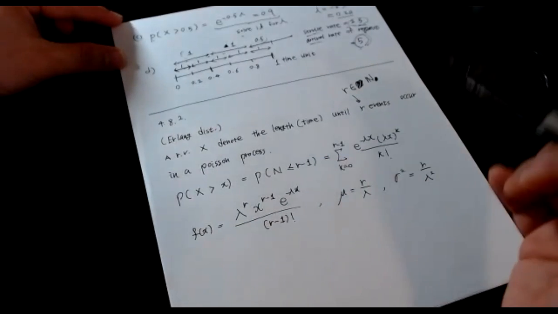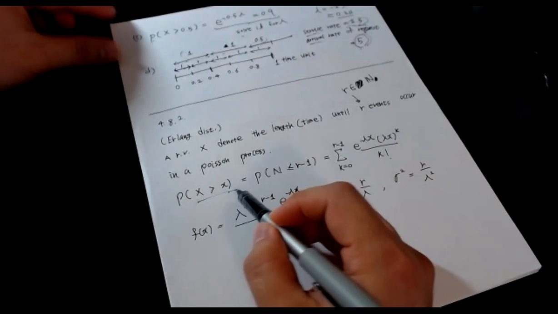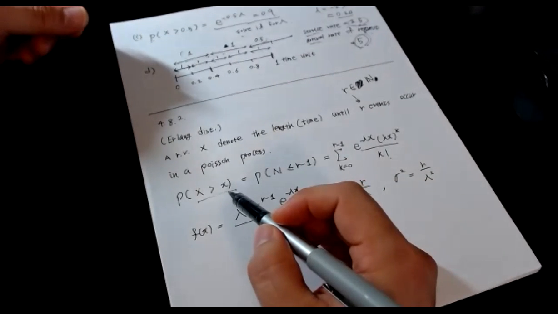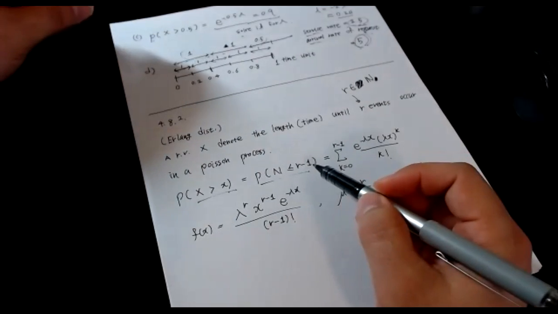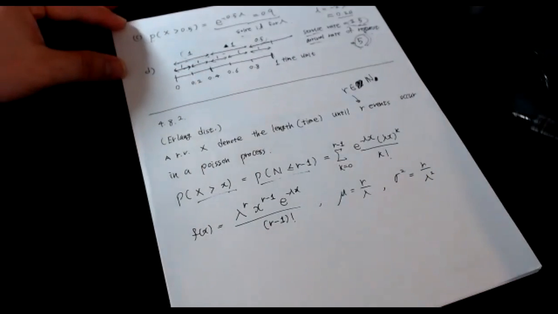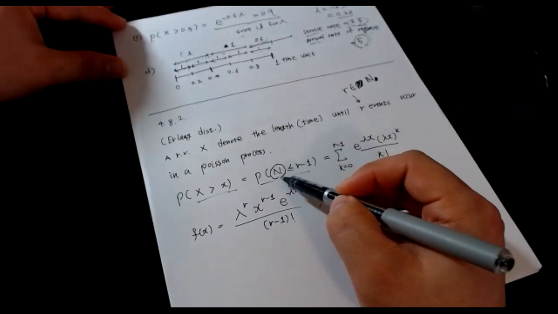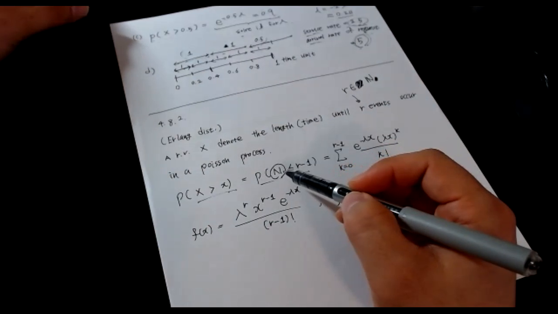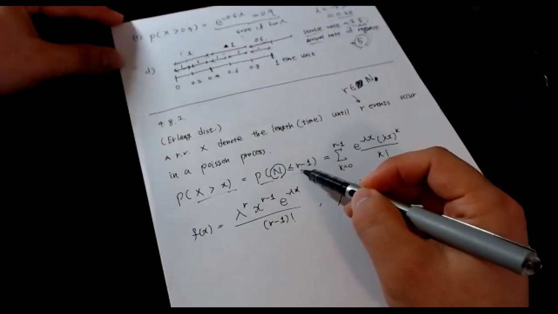a Poisson process. So probability x is greater than x, what does that mean? The probability that the length or time until r events occur is greater than x means that, in a Poisson process, the number of events occurring in a finite length of time must be r minus 1.